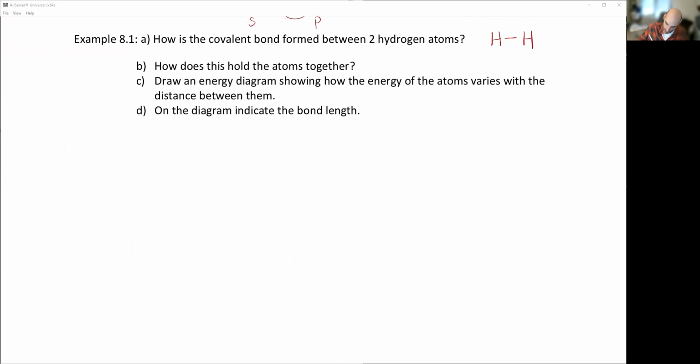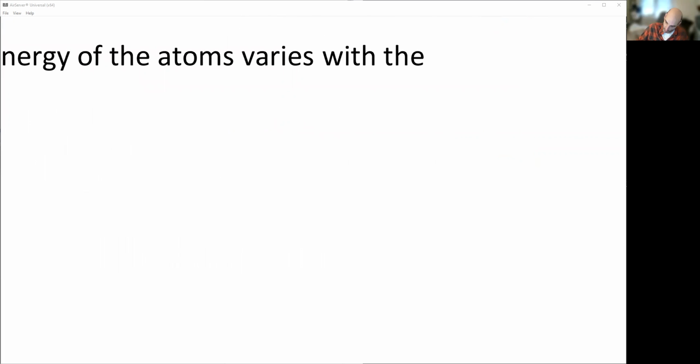So how does the bond hold together? We've already talked about this. If I have the two nuclei of the hydrogen, there's hydrogen 1, there's hydrogen 2. We know that these are positively charged, and I have these electrons in between them. We know that we're going to have attractive forces holding them together, and then we're going to have repulsive forces that are going to keep them apart.